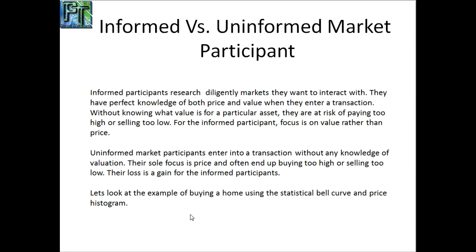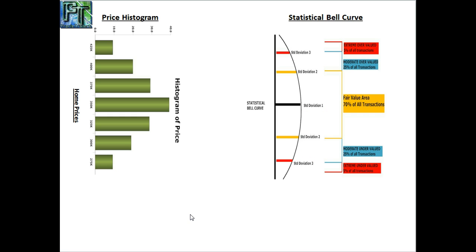To make this more clear, let's look at the example of buying a home using the statistical bell curve and price histogram. When you want to buy a home, what do you usually do?